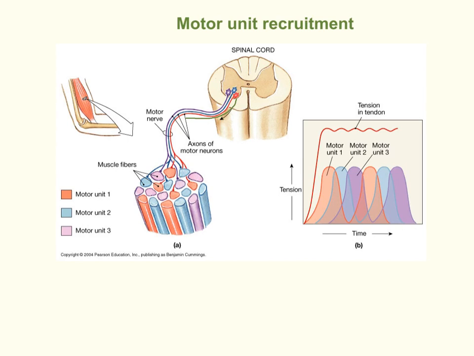But now if we added a second motor neuron, like this blue one in the middle, and its muscle fibers to what is already contracted from the red motor neuron, we would get more and more muscle fibers contracting and a much stronger overall contraction of the muscle.